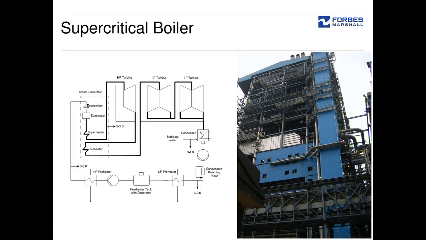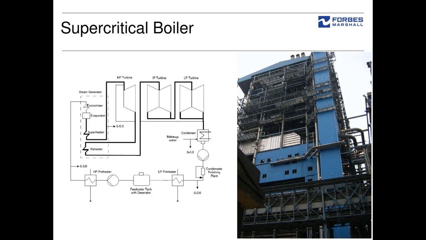Then after the HP heater, economizer, evaporator, and multiple superheaters, superheated steam is given to the HP turbine. After use in the HP turbine, steam is taken out and reheated. After reheating, this steam is used in the IP turbine. The outlet of the IP turbine is connected to the LP turbine, and the LP turbine outlet goes directly to the condenser below it, where steam is condensed back to pure condensate.